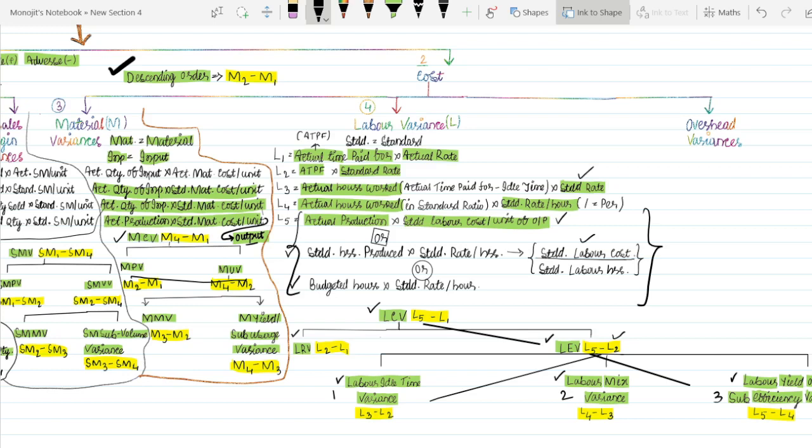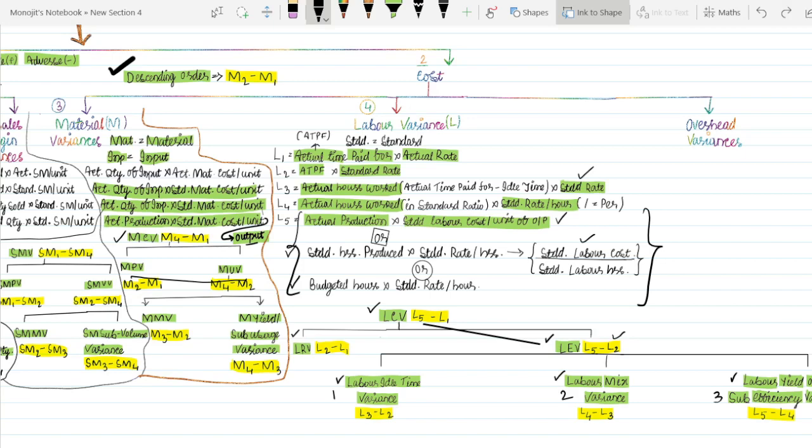Labor mix variance will be L4 minus L3. So this makes the end of labor variance.